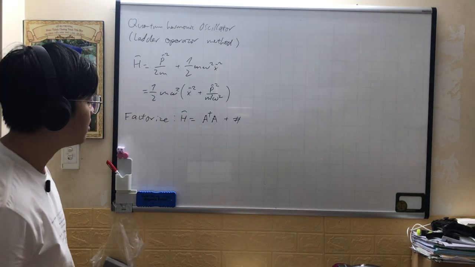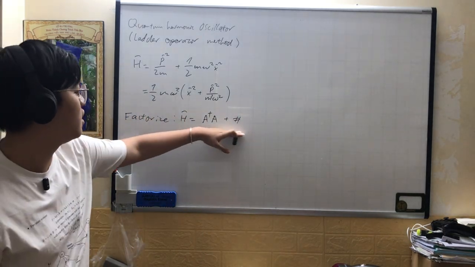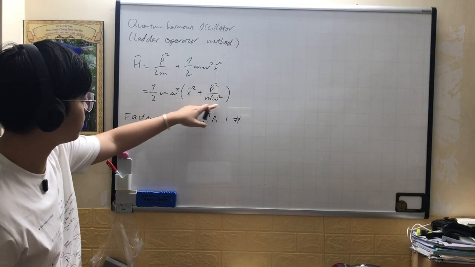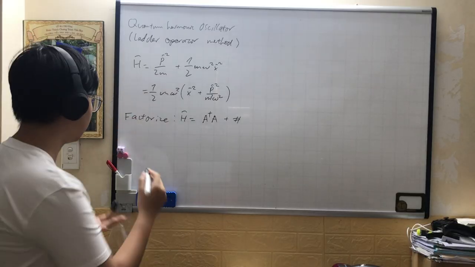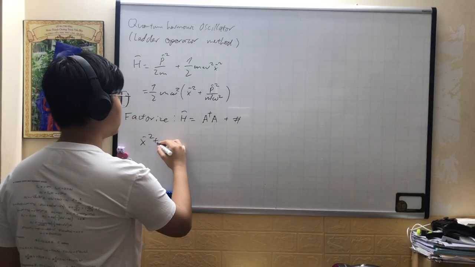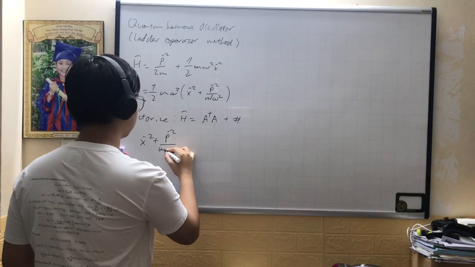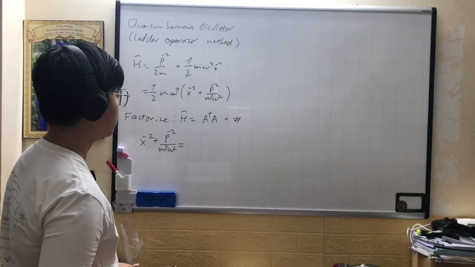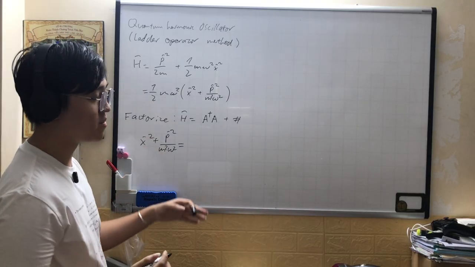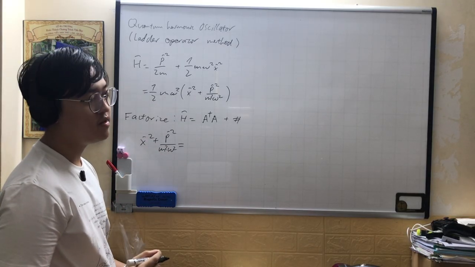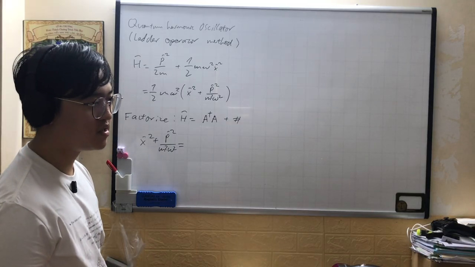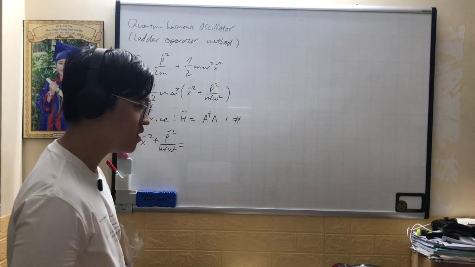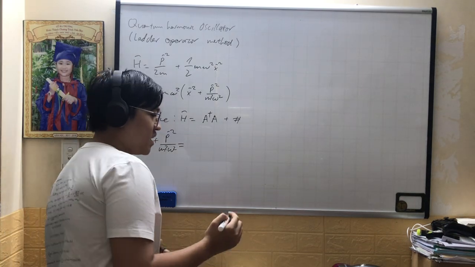When you factorize your Hamiltonian, you would want it to look something like this. And you see we have this term that we can expand even more. So here we'll expand it into a plus ib times a minus ib, and usually that would be the end of it.